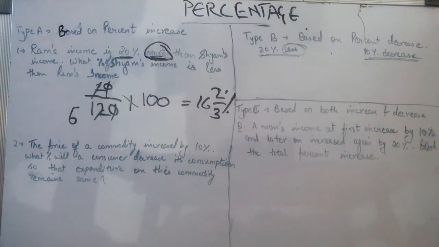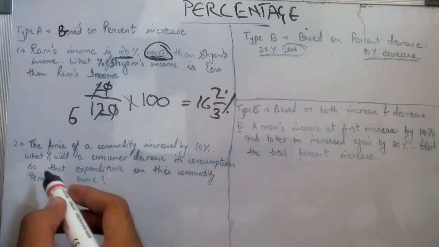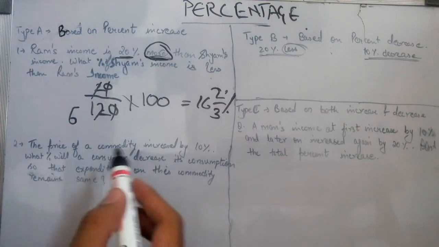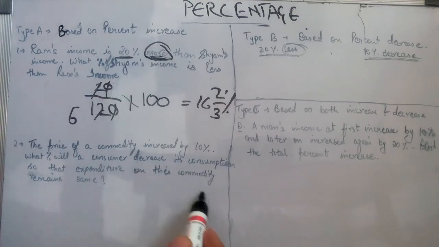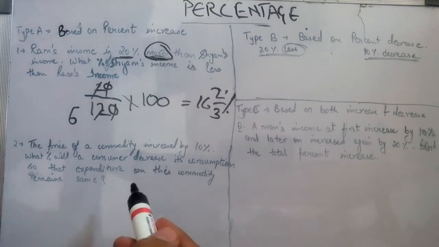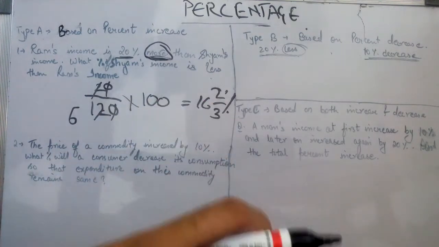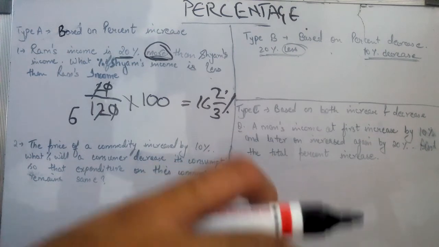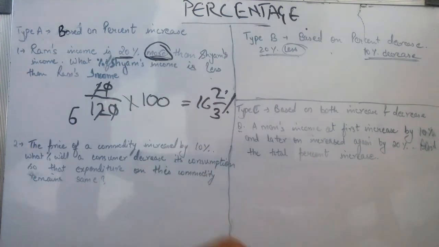Now the second question on this type is: the price of a commodity is increased by 10%. By what percent will a consumer decrease its consumption so that expenditure on this commodity remains the same?